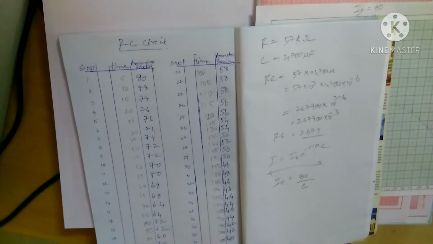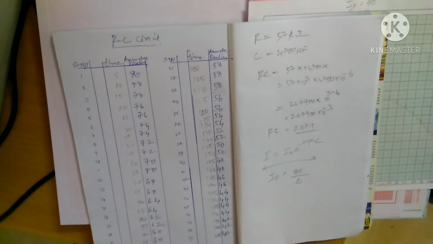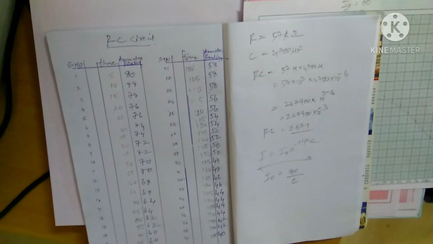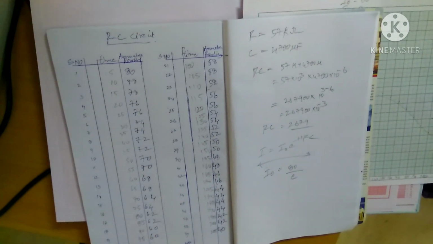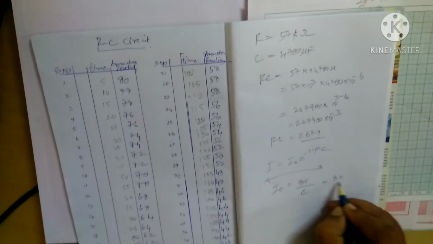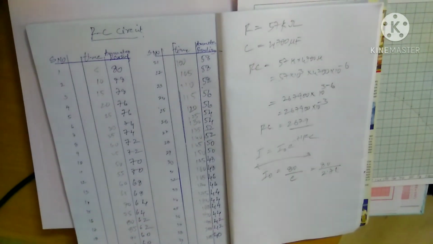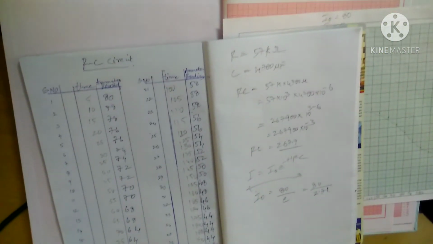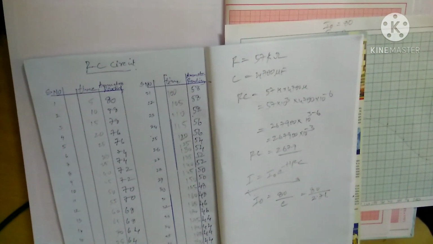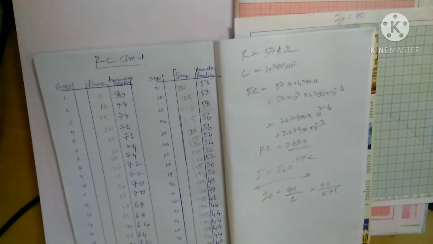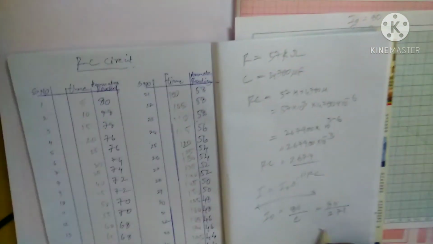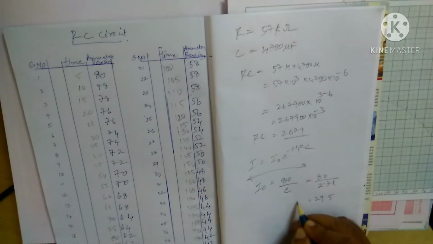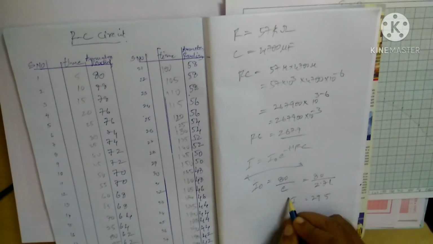The exponential value is always given by e power minus 1 or e power 1. So this is 80 divided by 2.71. So we get 29.5. This is the I value at any instant of time.